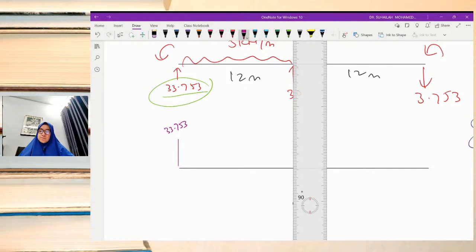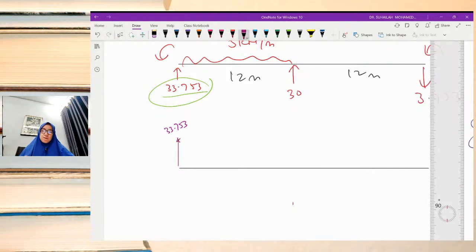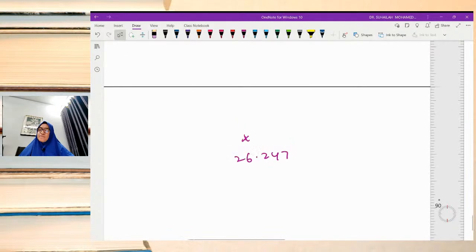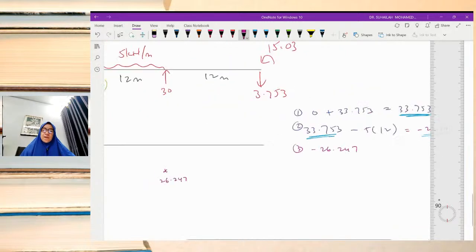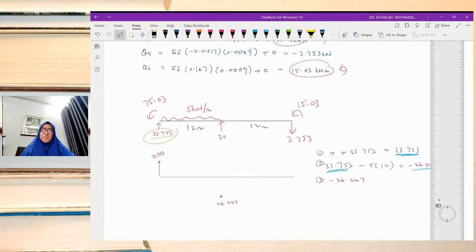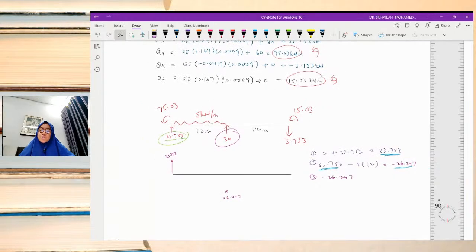So let's say this is negative 26.247. Third step: continue from negative 26.247. Next, we plus positive 30.